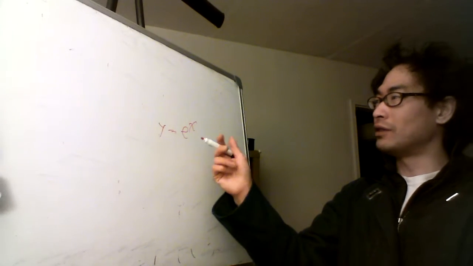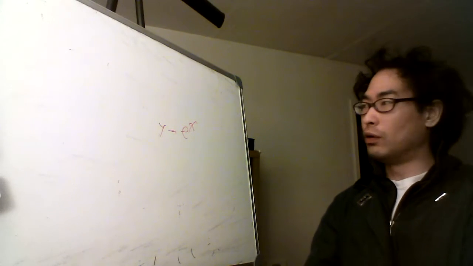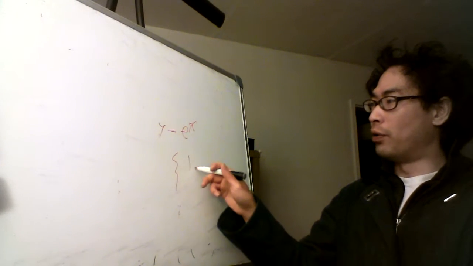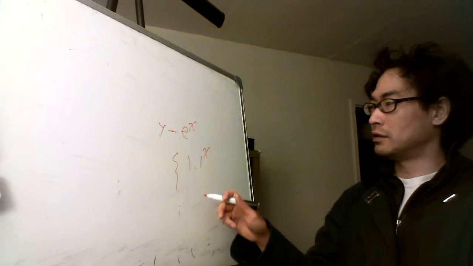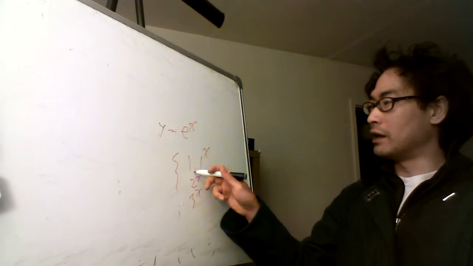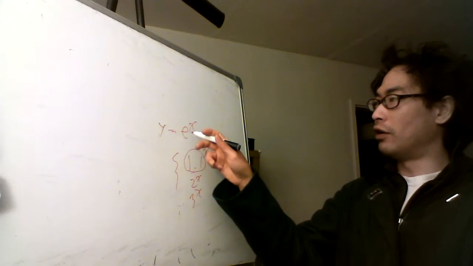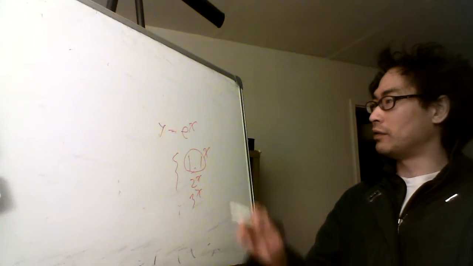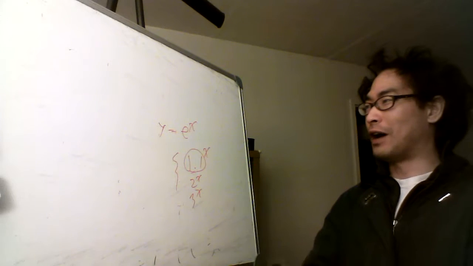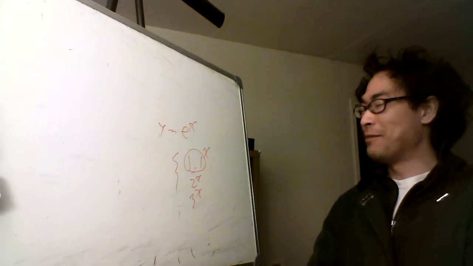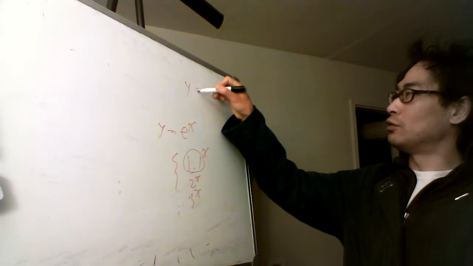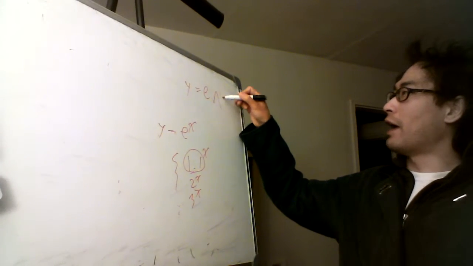It kind of is representative of all the exponential functions, including 1.1 to the x, 2 to the x, 3 to the x, as long as you have an exponent and a number below. I don't know how they call it, maybe the base. Y is equal to e power x.